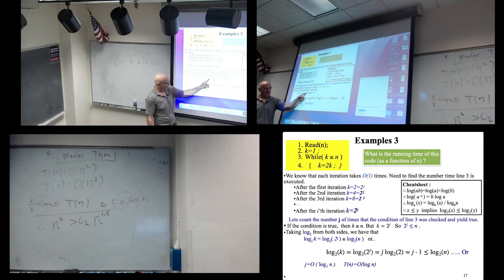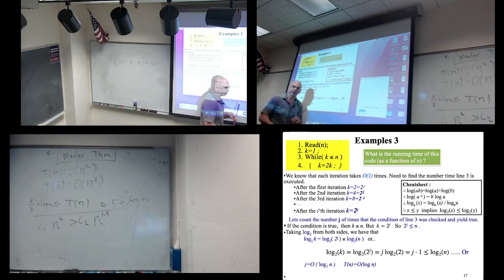Here we have 2 to the i. Here you have log of n. Take the i to be before it, and you get the number of iterations j. It's j here, sorry. After j iterations, it's 2 to the j. So j is order log, not more than log to the base 2 of n. And because we don't like such long sentences, we just say it's order of log n.